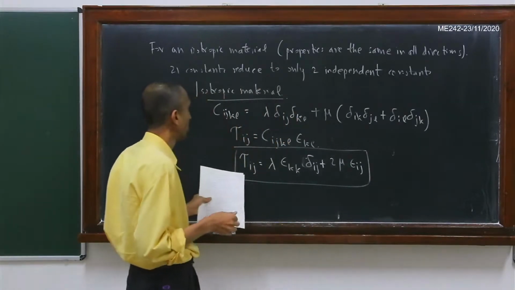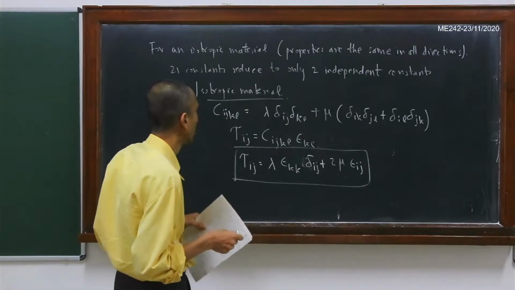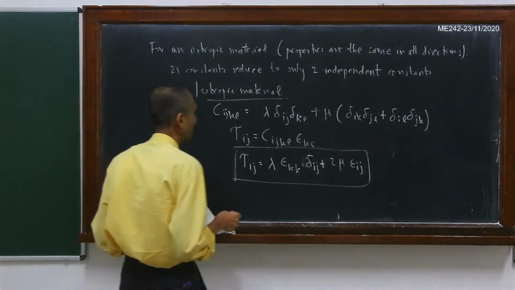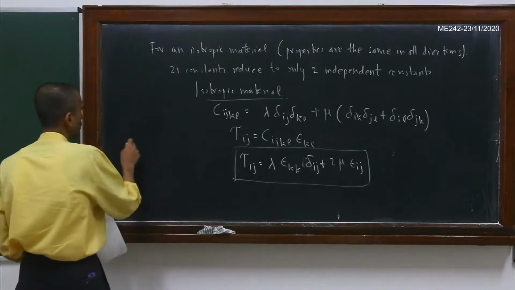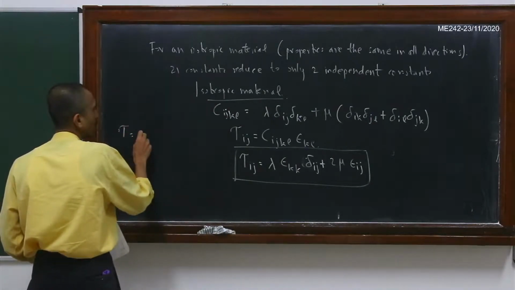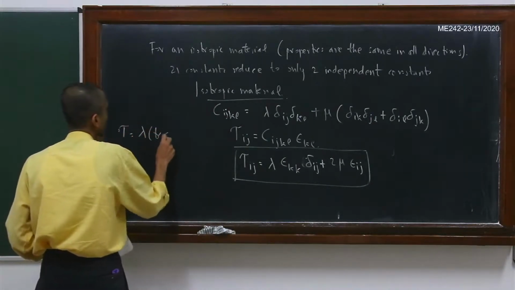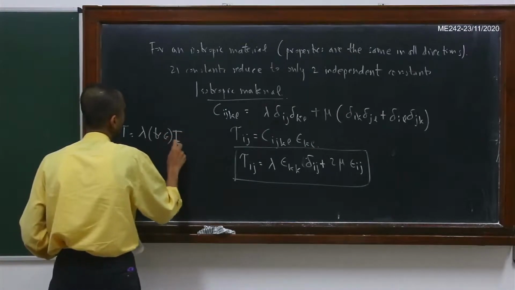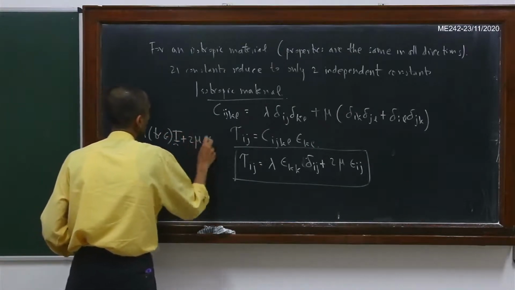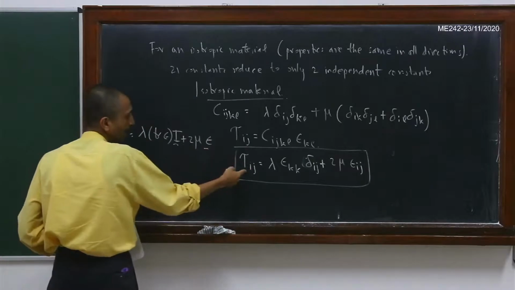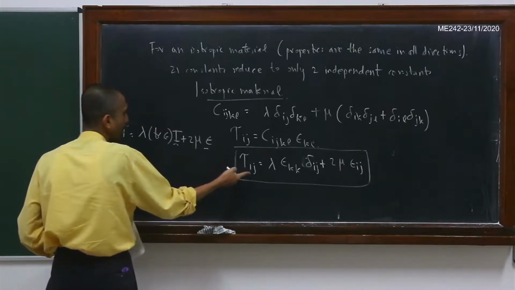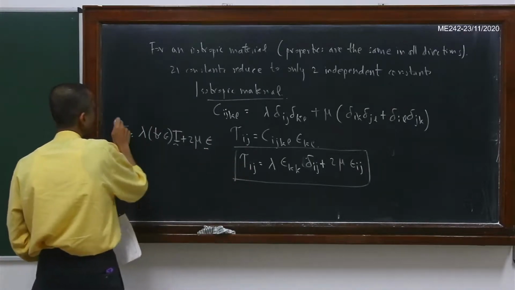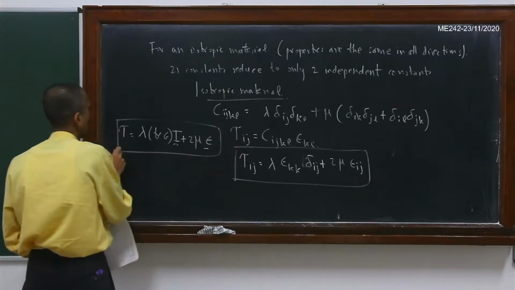This can also be written in a tensorial form. This can be written as tau is equal to lambda times trace of epsilon times identity plus 2 mu times epsilon. So the same relation, whatever I have written in the index notation, I am now writing in this tensorial form.